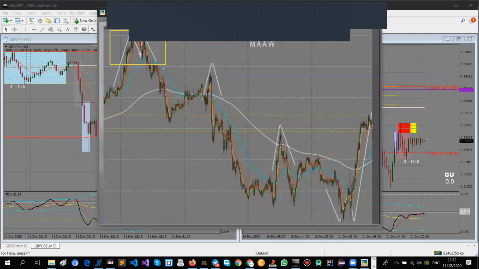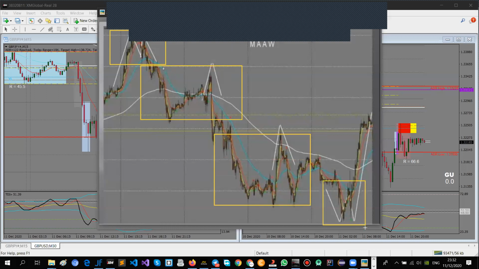This is the peak and the previous level 3 from the previous weekly cycle. This is the level 1. That's level 2 here. This is level 3, and this is the peak.